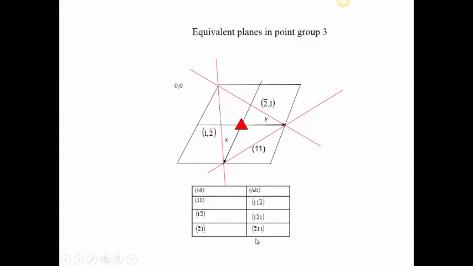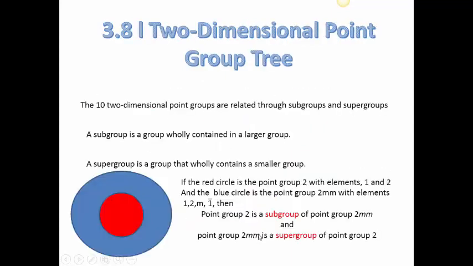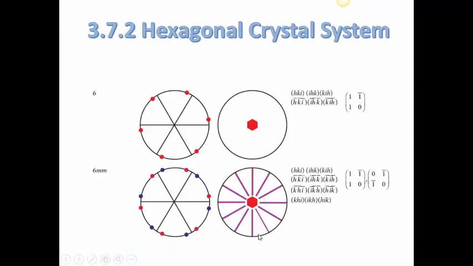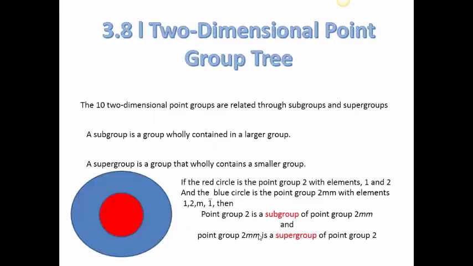And now if you look at these three, you can see the permutation of the 1, 1, 2 bar, the 1, 2 bar 1, 2 bar 1, 1, and that gives you the equivalent planes. And here is our hexagonal crystal system, again with the same organization.